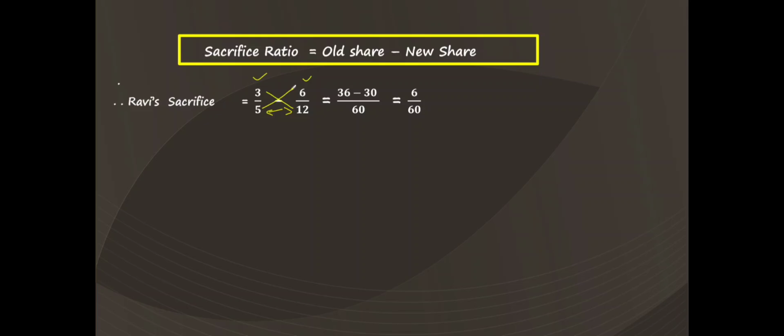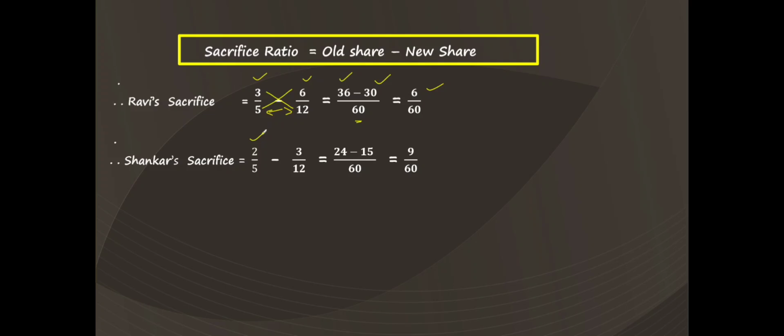So 5 12s are 60 and 3 12s are 36, 5 6s are 30. So 36 minus 30 will be 6/60. That is Ravi's sacrifice.